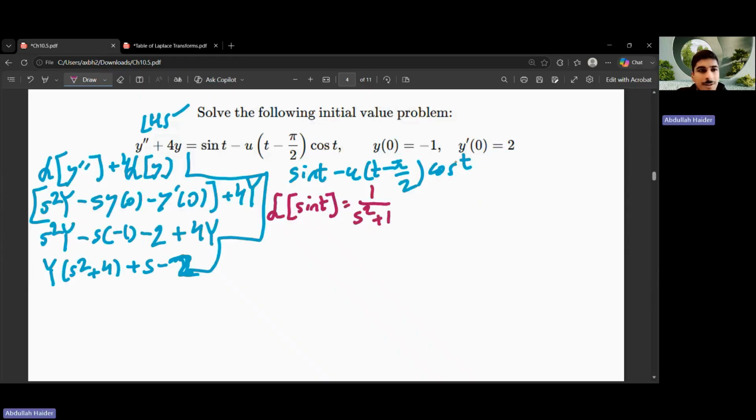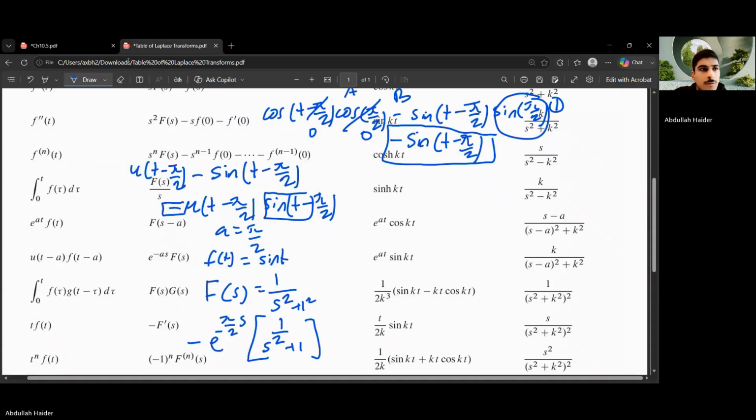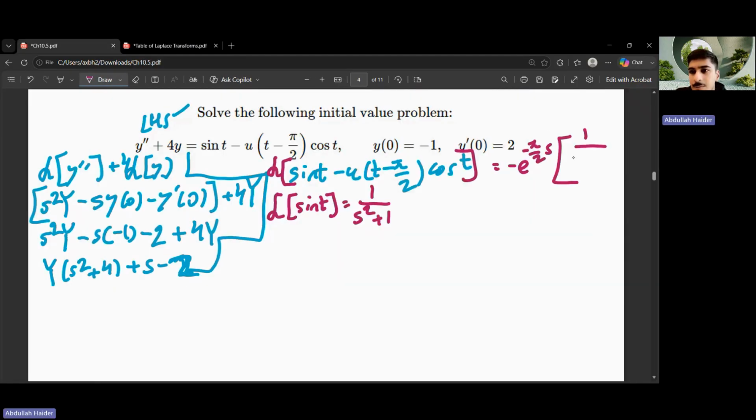So the Laplace of this whole thing is minus e power minus pi over 2s times 1 over s squared plus 1.